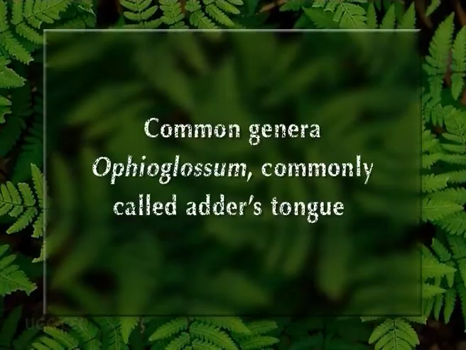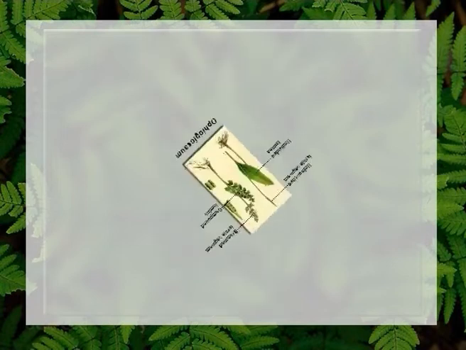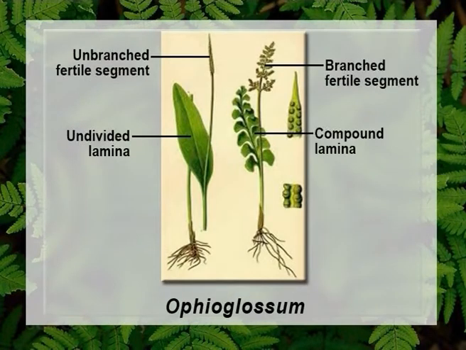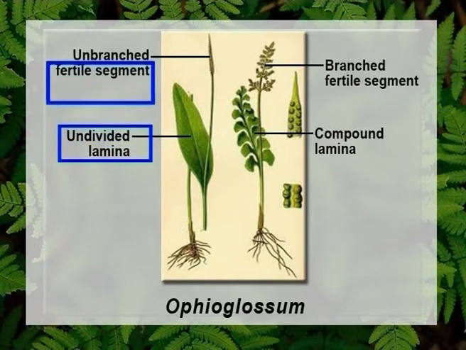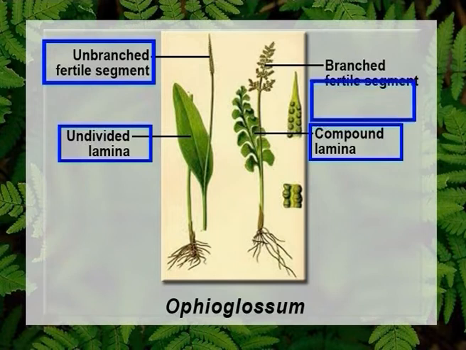The most common genera of the Ophioglossoid ferns are Ophioglossum, commonly called adder's tongue, and Botrychium, commonly called grape fern. Whereas the species of Ophioglossum have a simple undivided lamina and an unbranched fertile segment, those of Botrychium have a compound lamina and a branched segment.